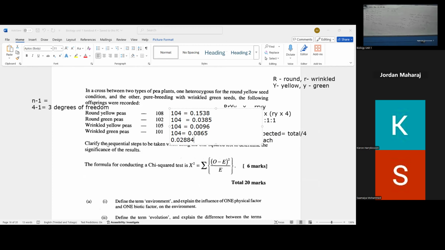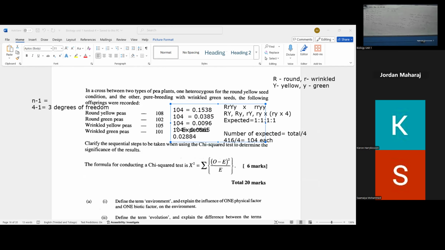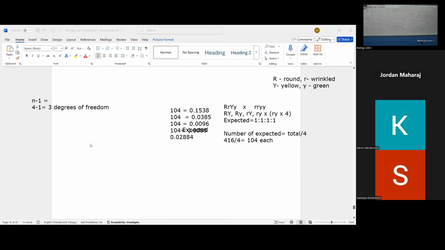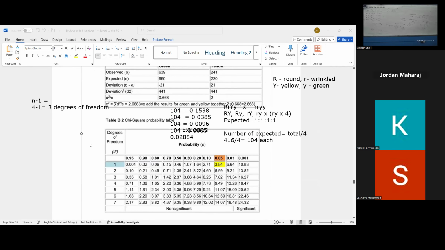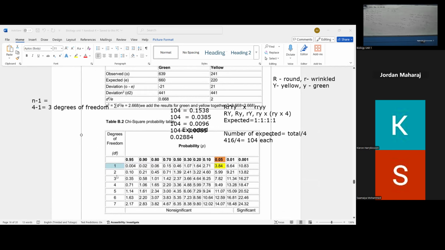Okay, we have our chi-square value and we have our degrees of freedom. So we go into the table. We have 3 degrees of freedom, and we will go with 0.05.